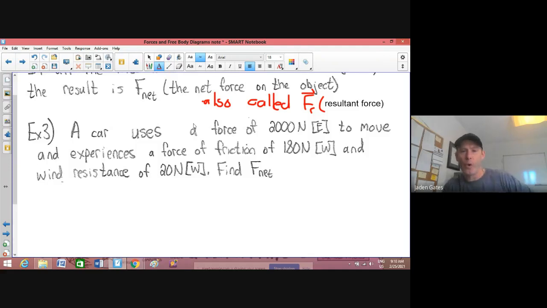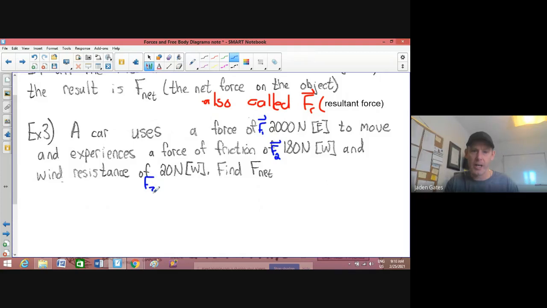And so this is kind of familiar territory as we get to example 1, a car uses a force of 2,000 newtons east to move, and of course experiences a force of friction, which has to be in the opposite direction, of 180 newtons west, and also a wind resistance of 20 newtons west. Find F net. All right, so what I would do here is I have three forces. I have this one here, F1, here's F2, and finally F3.